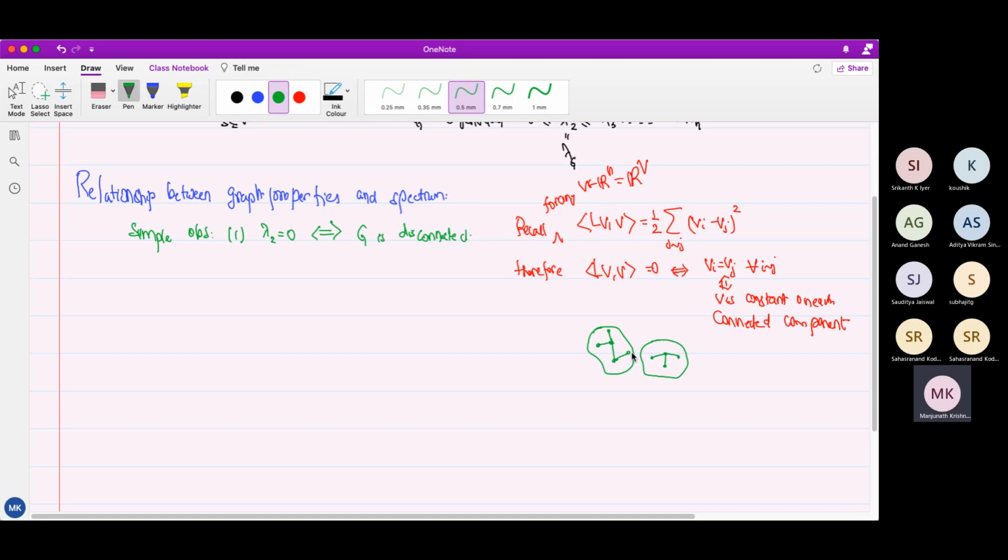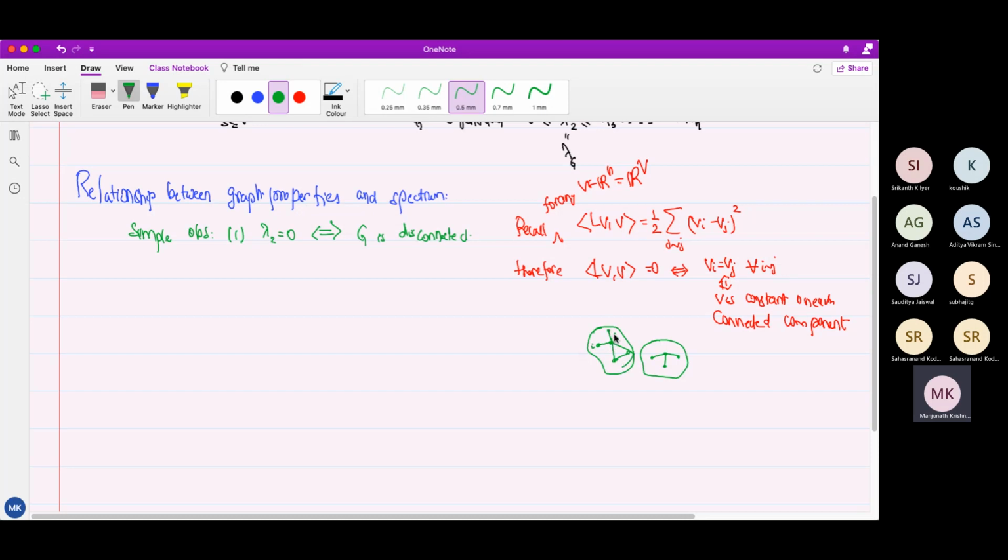If the graph is like this, anytime you have an edge, you cannot change the value of V. If i is here and j is here, Vi equals Vj. So on this entire connected component, V has to take one value.